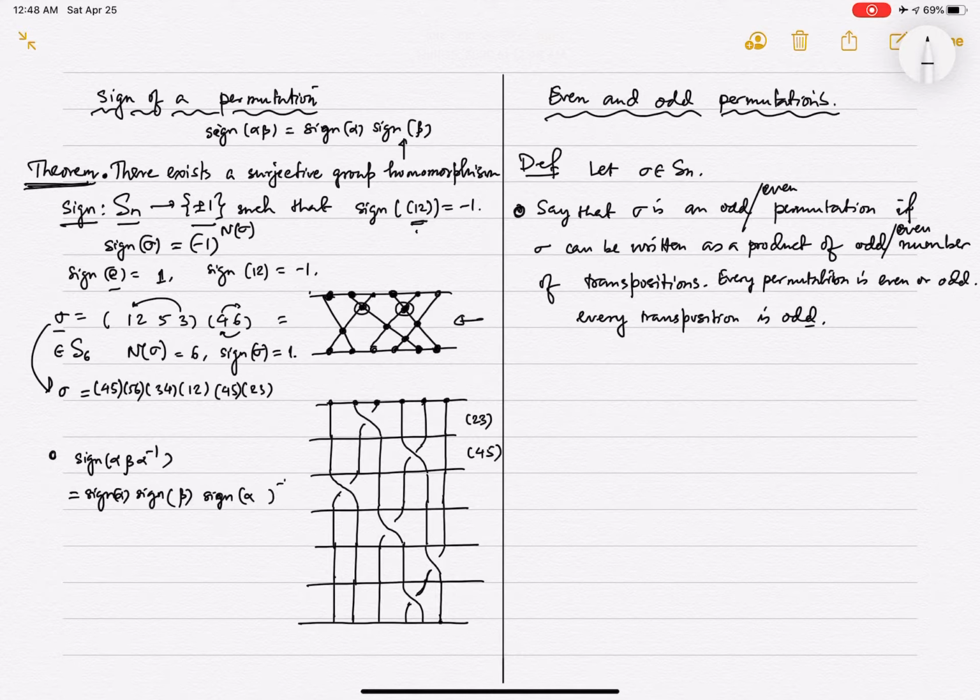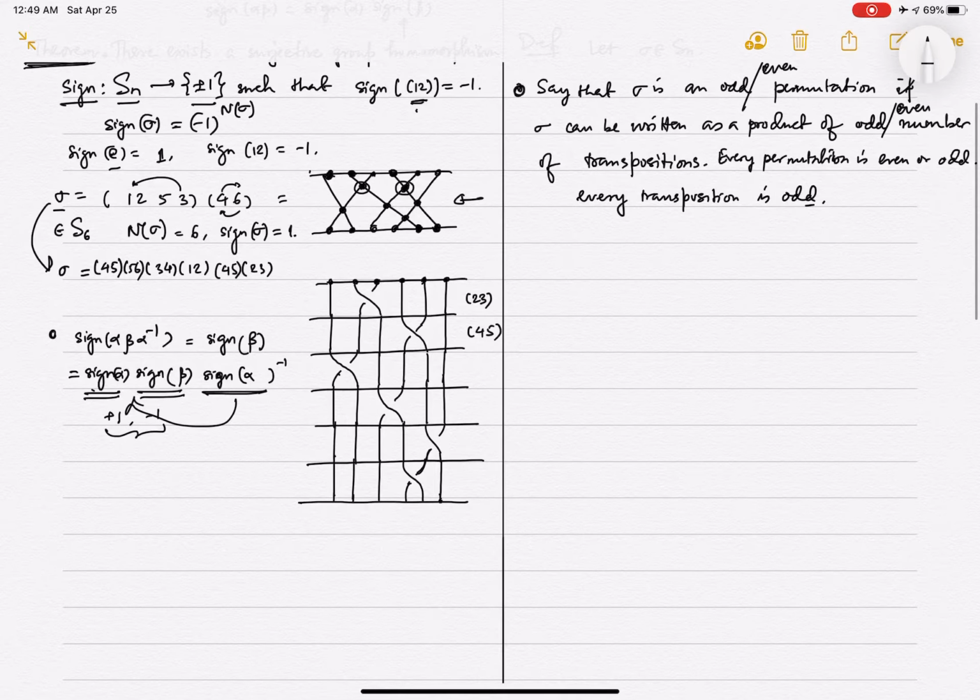Then you realize that these three things are just numbers, either +1 or -1, and they certainly commute. So you can move this one here, and then sign(alpha) cancels with sign(alpha inverse), since both of them are 1 or -1 anyway. So what you get is sign(beta). So sign(alpha beta alpha inverse) is the same as sign(beta). So conjugate permutations have the same sign. And that implies immediately that sign(tau) is -1 if tau is a transposition.